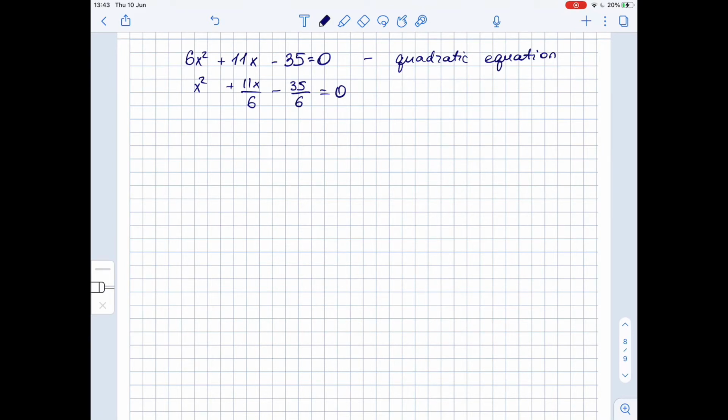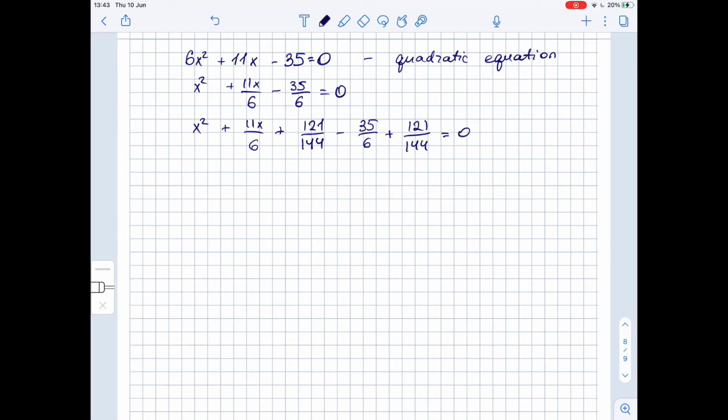Now we will rewrite it as x squared plus 11x over 6 plus 121 over 144 minus 35 over 6 minus 121 over 144 equals 0.